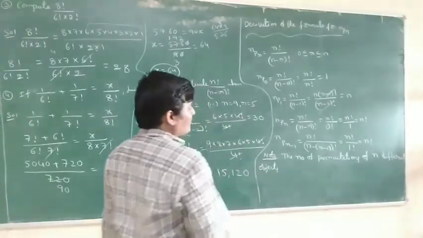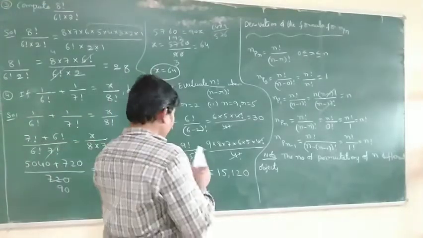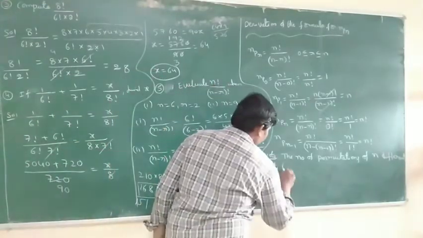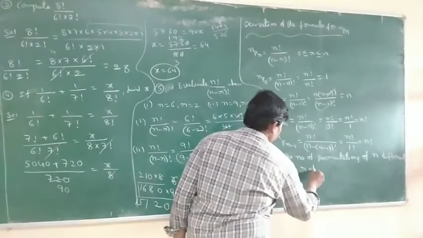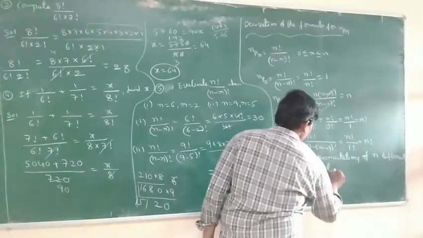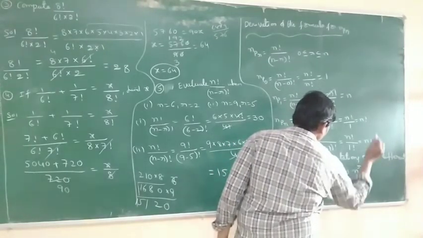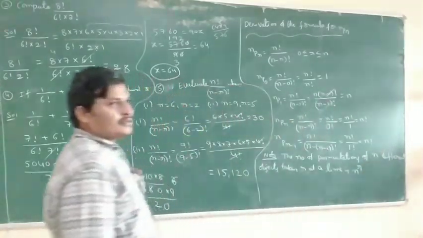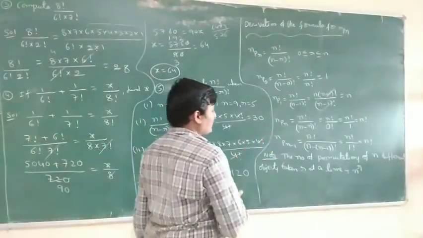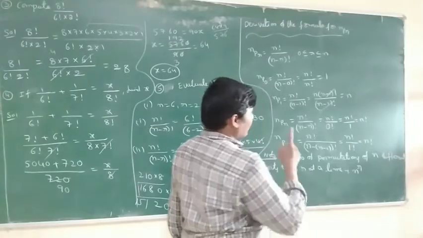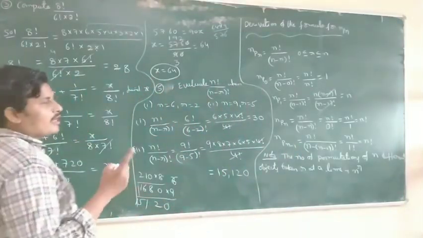The number of permutations of n different objects taken r at a time is n power r. The number of permutations of n different objects taken r at a time without repetition has the formula nPr.